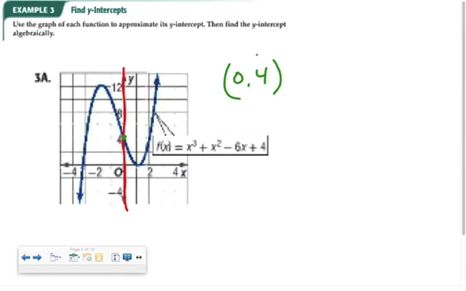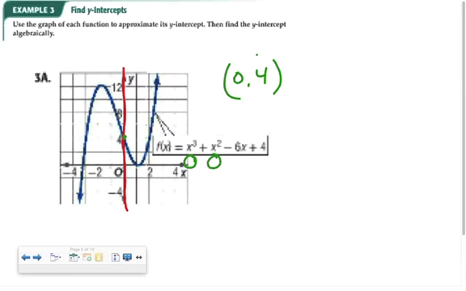And then it's asking us to find the y-intercept algebraically. Remember, the y-intercept will always, always, always have an x-coordinate of 0. So in order to find the y-intercept, all you're doing is plugging in 0 for x. In a function like this, it's a very easy calculation. This becomes 0 when I plug in 0 for x.